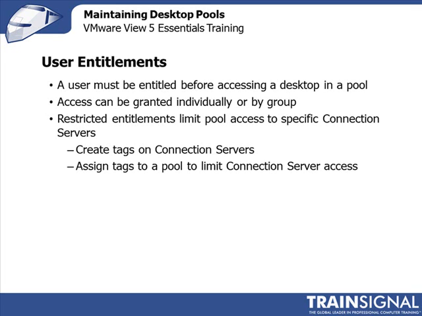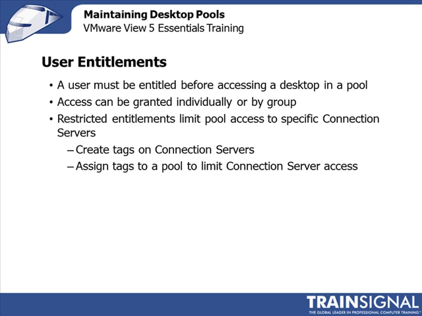And then when we actually have a pool, we can assign those tags to a pool to limit the way that pool can be accessed, as far as which connection servers are going to be able to accept requests for that particular pool. A tag can be something as simple as inside, outside.